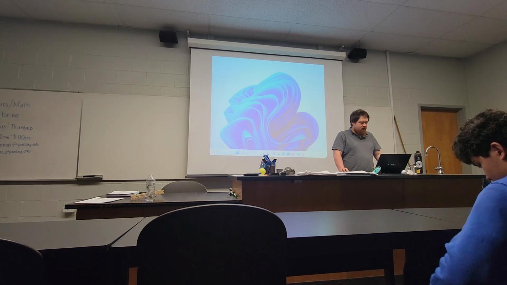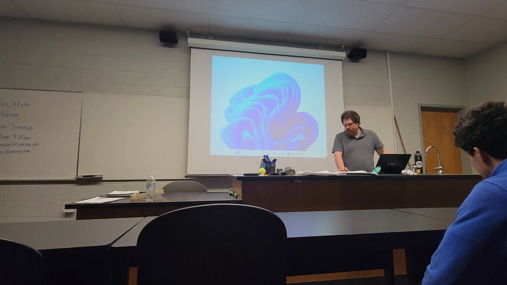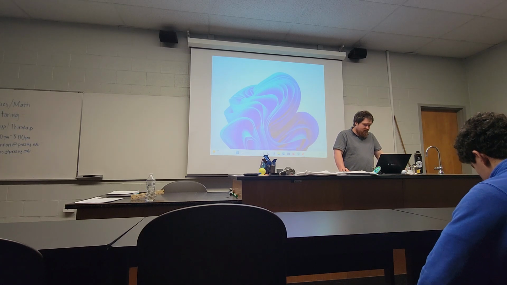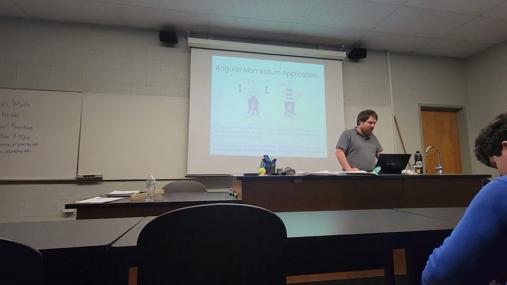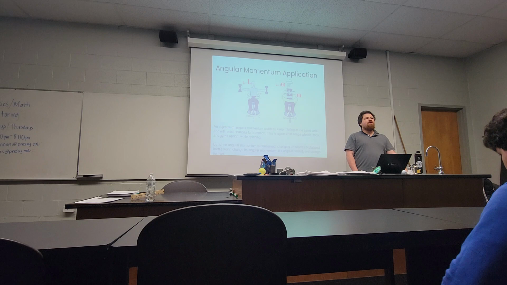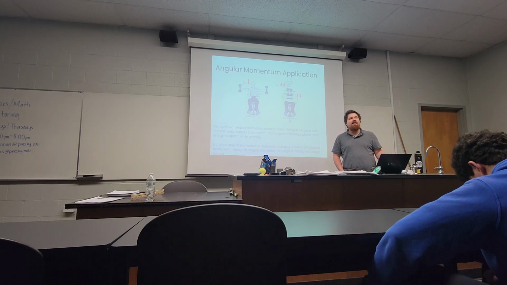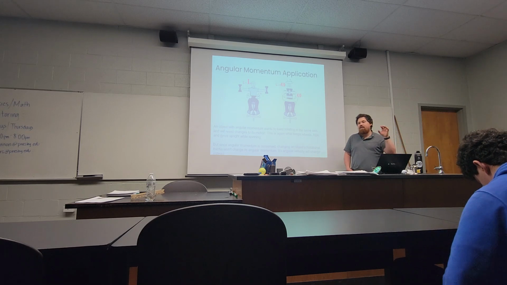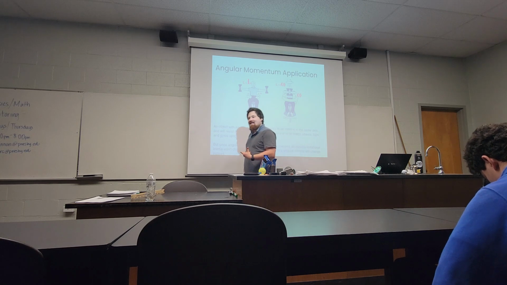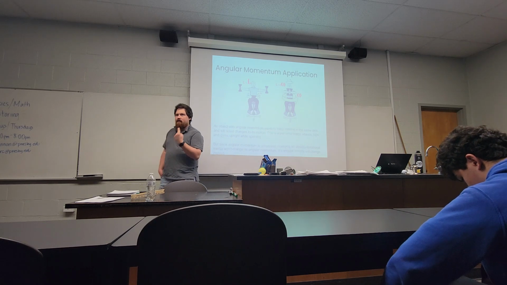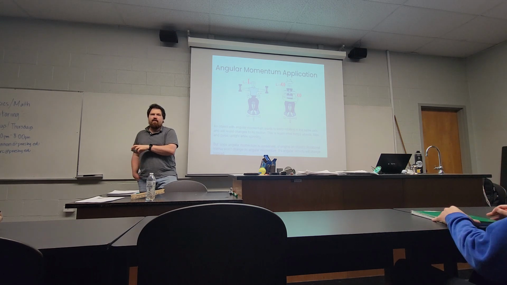Before that, though, just to make sure that the last couple things we talked about on Monday make sense in your brain, I'd like to very briefly review them before moving on. Last thing we talked about was the concept of angular momentum, the idea that if something is spinning, it has a certain amount of momentum that wants it to keep spinning at exactly the same rate in exactly the same axis, meaning if something is spinning clockwise about the z-axis, it wants to keep spinning clockwise around the z-axis.